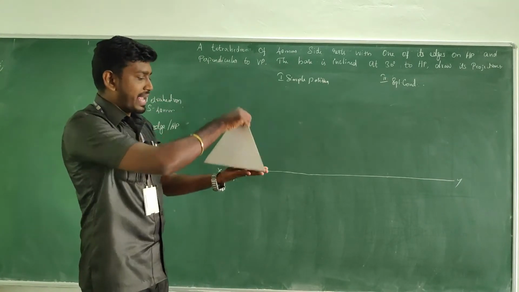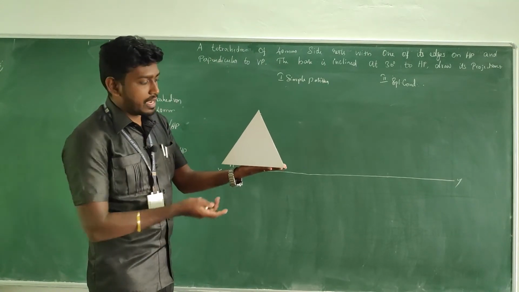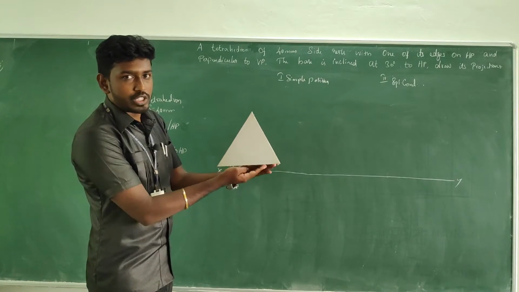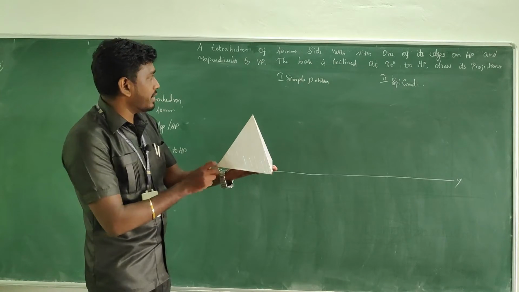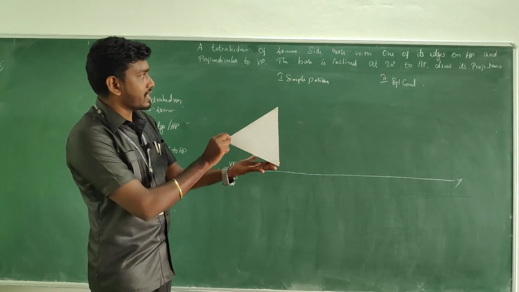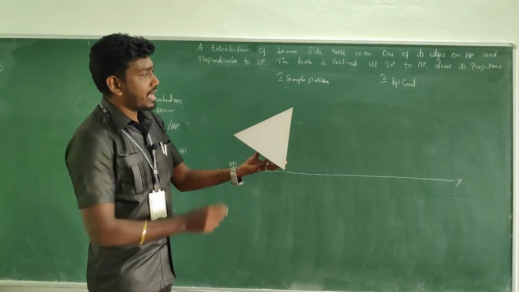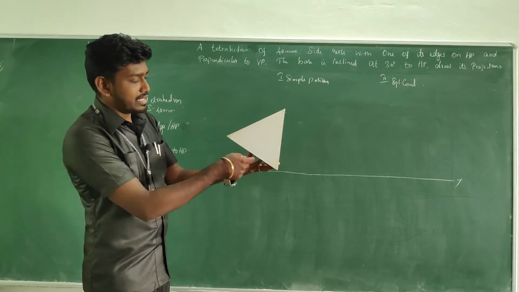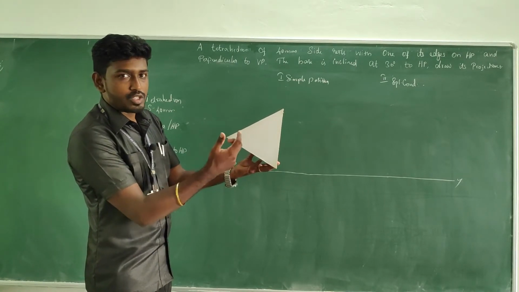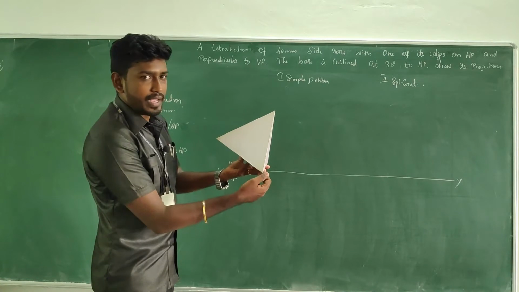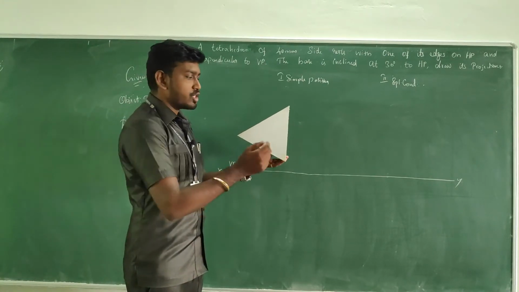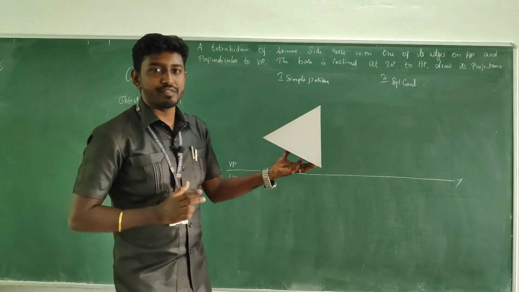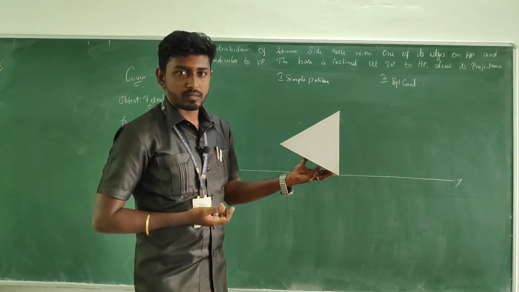When you place it like this on HP, this particular portion will become the base of this tetrahedron. This base is inclined at 30 degrees to HP, so it is inclined something like this. When it is inclined, one of the edges should rest on HP and that particular edge is perpendicular to VP. So this is the exact position for this question.